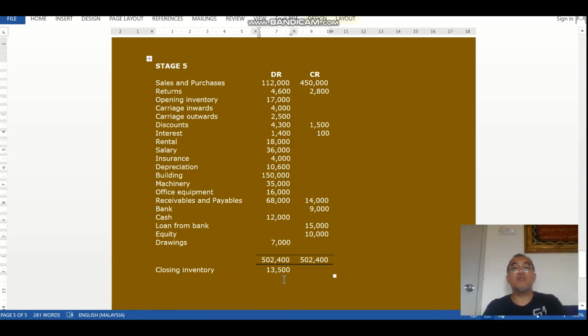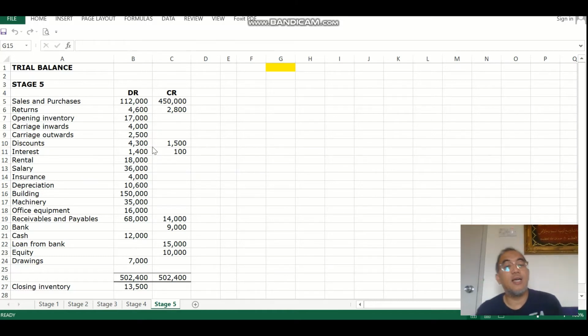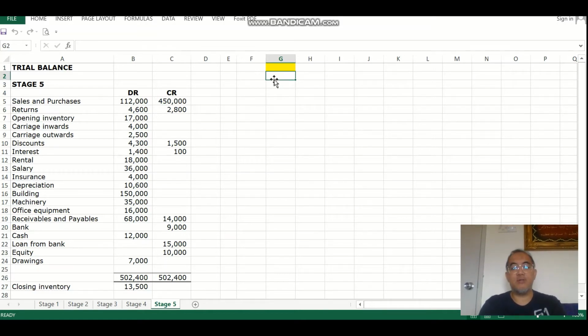So let's go to Excel. Okay, so I've opened up Excel and, like always, I copied from the Word document to here for easy reference. So what is our company or business?